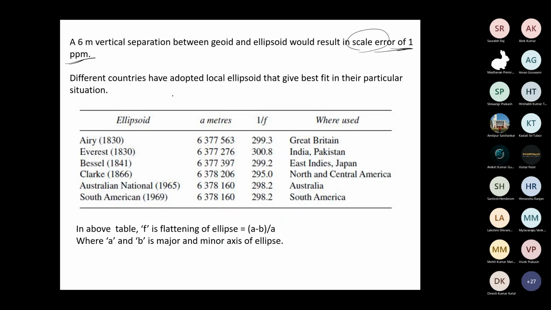Now different countries have adopted their local ellipsoids that give the best fit in their particular situation. If you are doing a survey in India, and for India and Pakistan, we should use Everest; I will select Everest 1830. Great Britain uses their own local one, Airy. So these are some examples for local measurements.